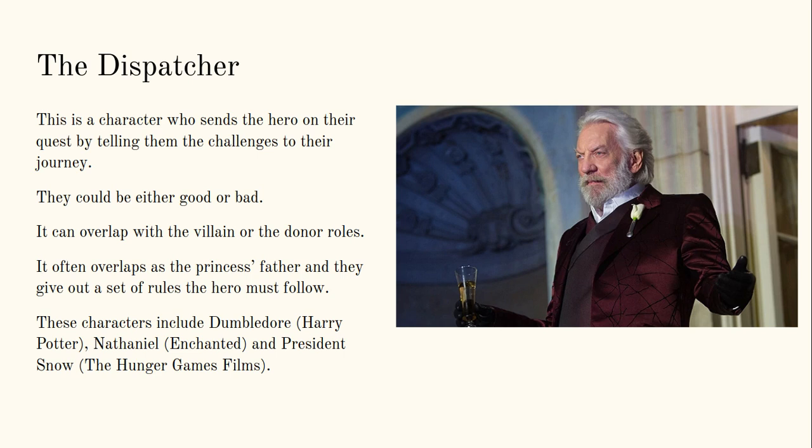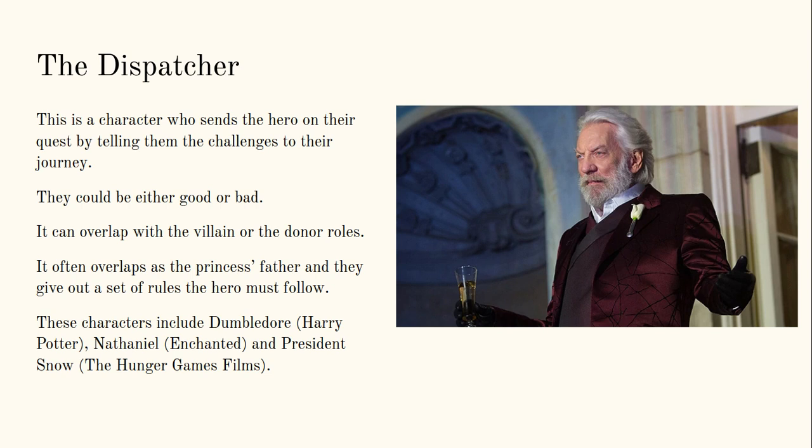So it can overlap between the villain and the donor roles because I said that they could either be good or bad, or they could have good or bad intentions in the story. So they could be either helping them or trapping them through their obstacles, basically.